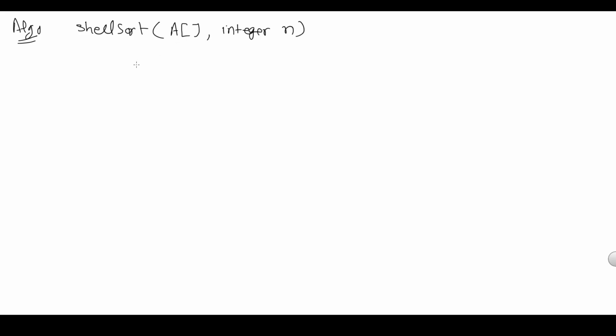According to the procedure that we have used to sort the values, first we are calculating the value of d. So we will write d is equal to n by 2, and we will take the floor value of this. Next we have to run the algorithm till the value of d is greater than or equal to 1. So we can use one loop here which will control the pass, that is d is greater than or equal to 1.